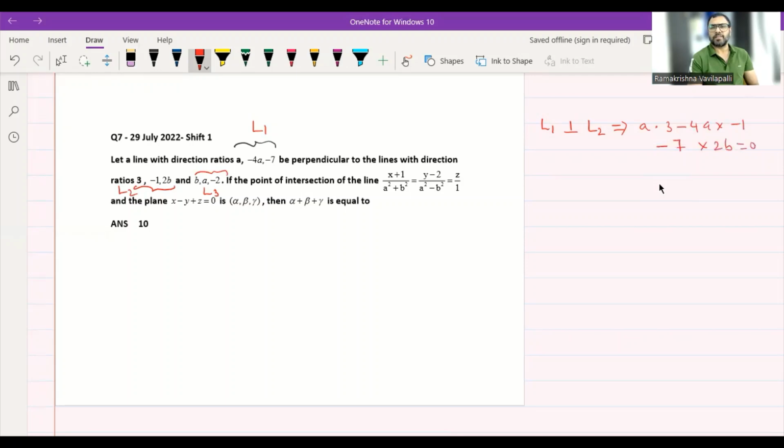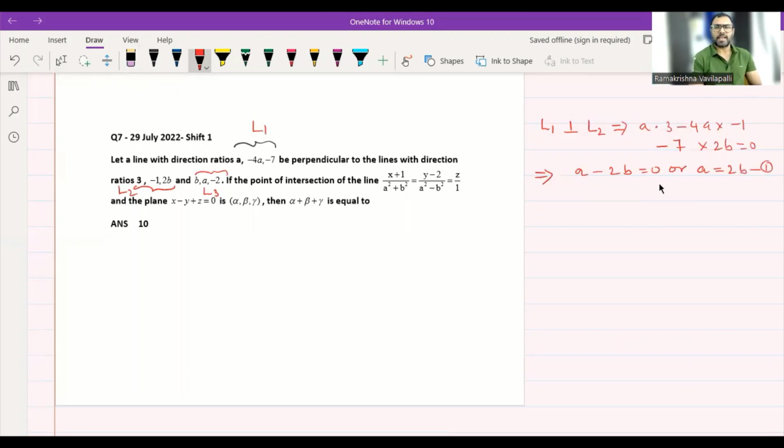You will get one equation. This implies this is plus 4A and plus 3A, 7A, 7, 7 cancel. So you will get A minus 2B equal to 0, or A equal to 2B. So this is one relation between A and B.